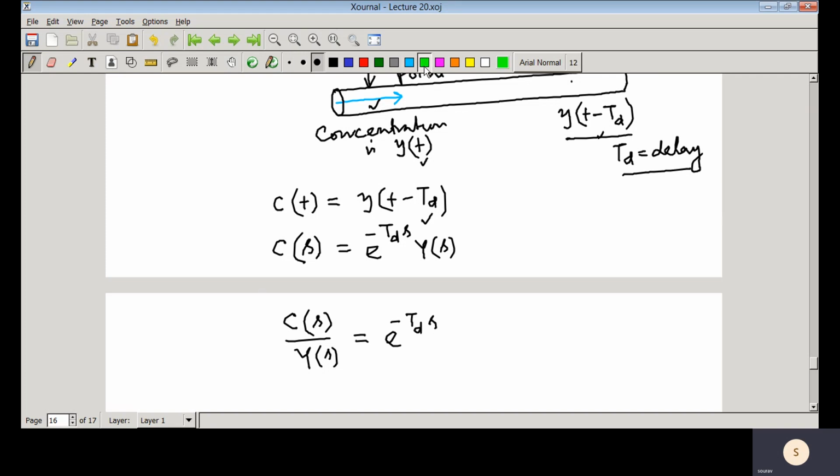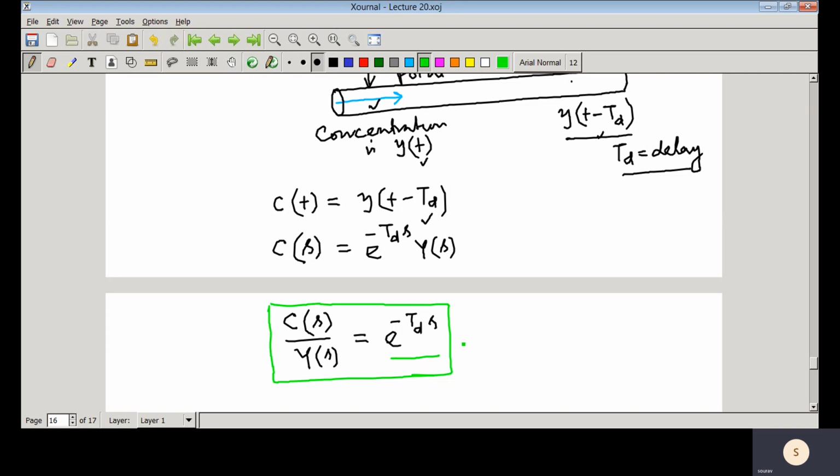This is very important: whenever you have some delay in the loop, or if there is any transportation lag, it can be modeled as e to the power minus Td s, that is output by input. But you can see that if you expand e to the power minus Td s, this is actually not finite dimensional, it is infinite dimensional, if you see the series.